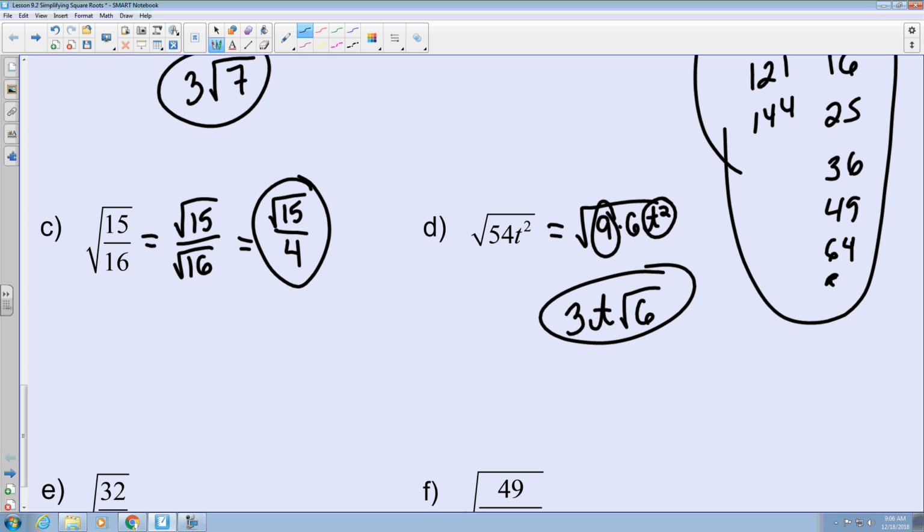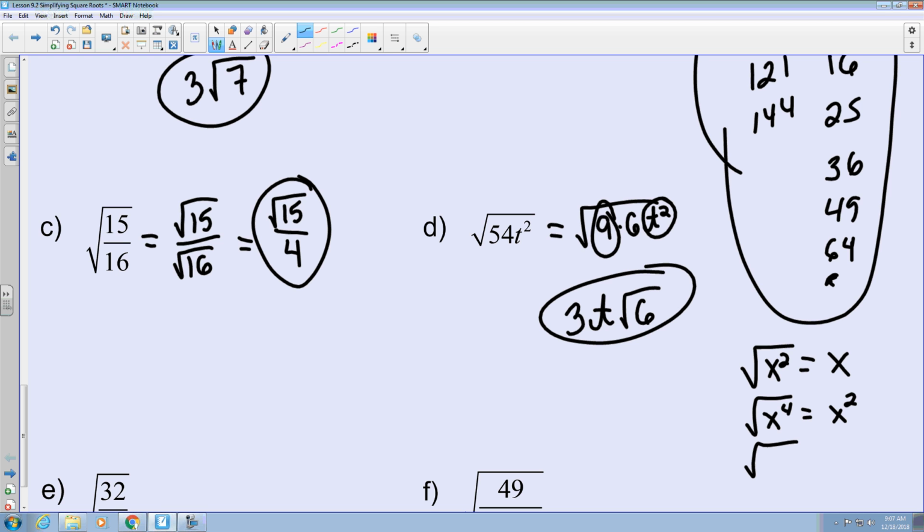All you have to do when it comes to variables, as long as they're an even number inside the square root, you can always take them out of the square root by dividing the exponent by 2. So the square root of x squared would equal x. The square root of x to the fourth would equal x squared out of the square root.